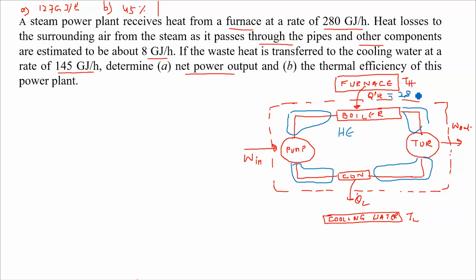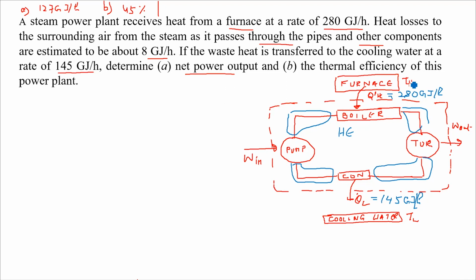So the heat that is coming to the system is at a rate of 280 gigajoules per hour. The waste heat is transferred to the cooling water at 145 gigajoules per hour. So Q dot L, which is moving out of the system, is essentially 145 gigajoules per hour.